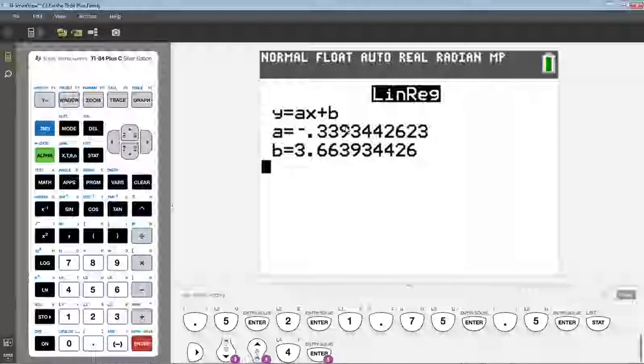What you do is you cover up the 3, 3, 9, and you look at this next digit right here. If this is a 5, 6, 7, 8, or 9, you're going to round the preceding digit up. But since this is a 3, we don't have to round. So what we're going to put down for A is A equals negative 0.339. And that's taken to 3 significant digits. Negative 0.339.